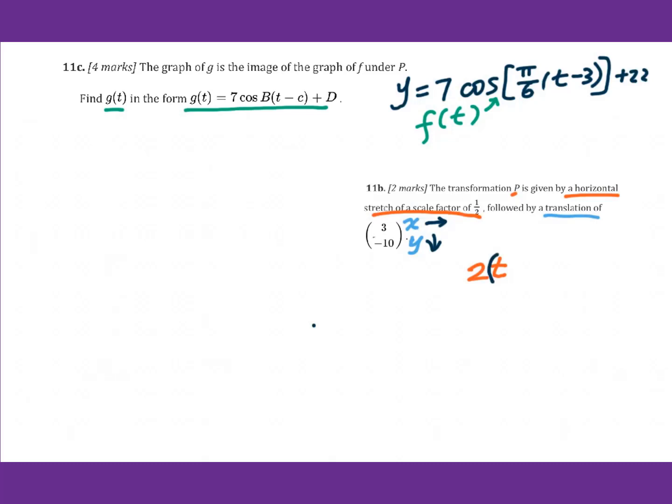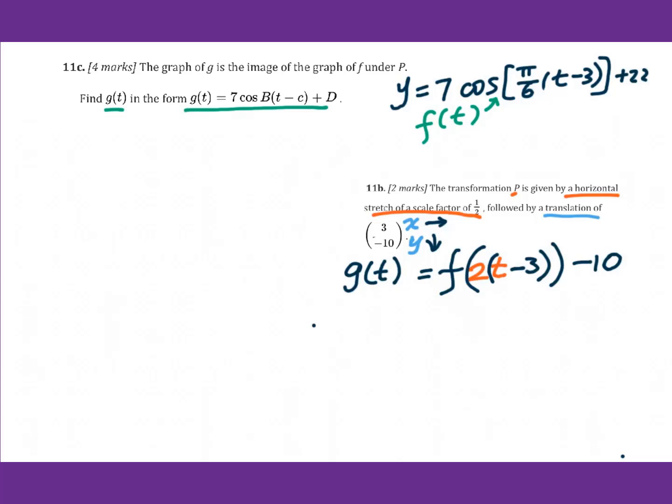Therefore, for this x will be t minus 3. Because liar, negative means move to the right. This will be f. Then minus 10. This will be g of t.